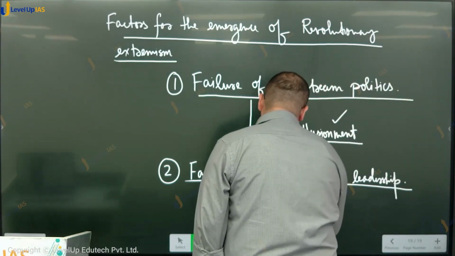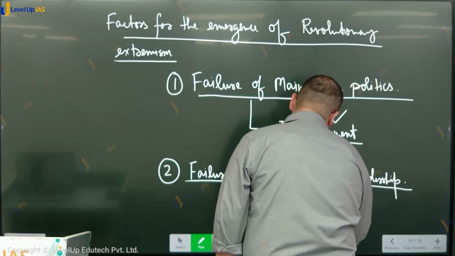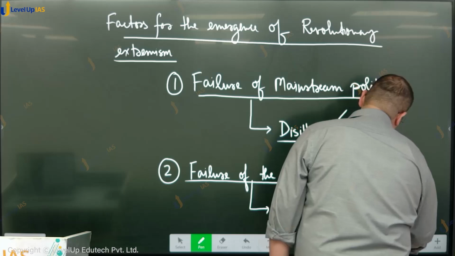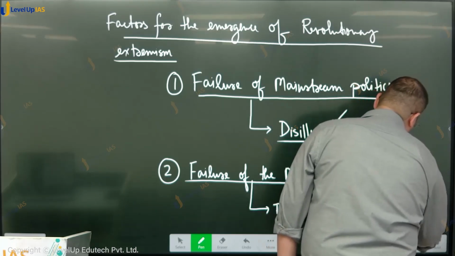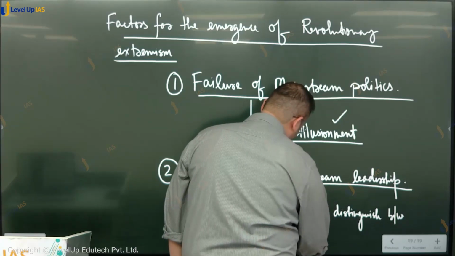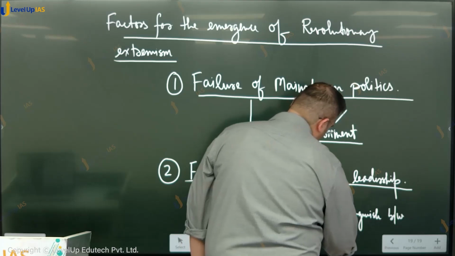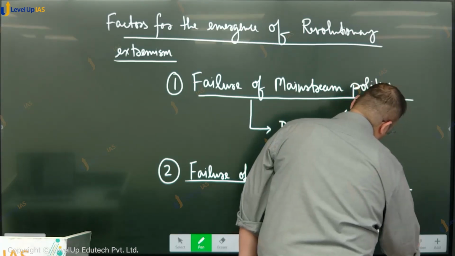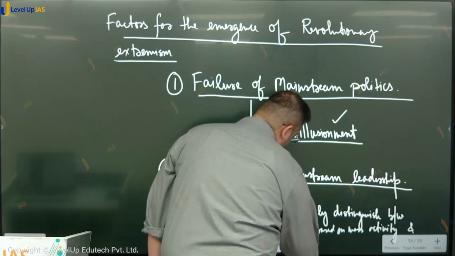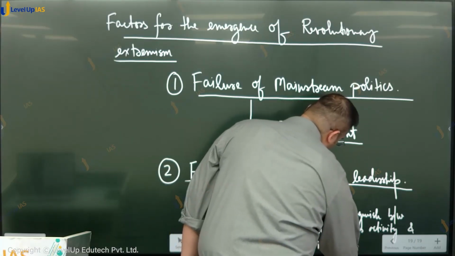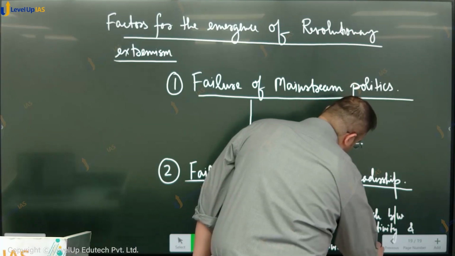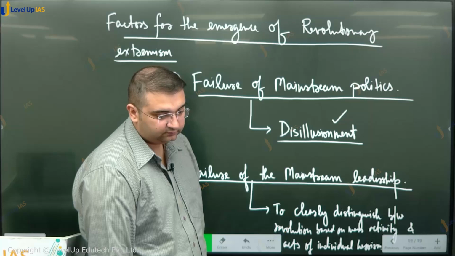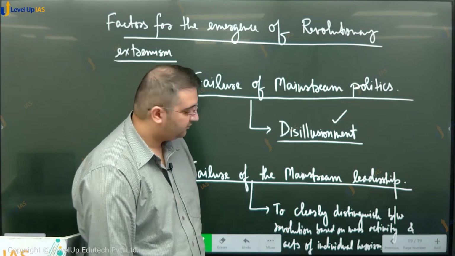Failure of the mainstream nationalists to clearly distinguish between revolution based on mass activity and acts of individual heroism. ठीक है?